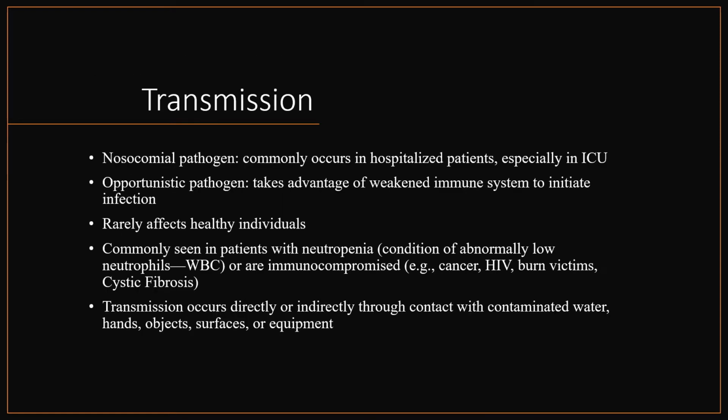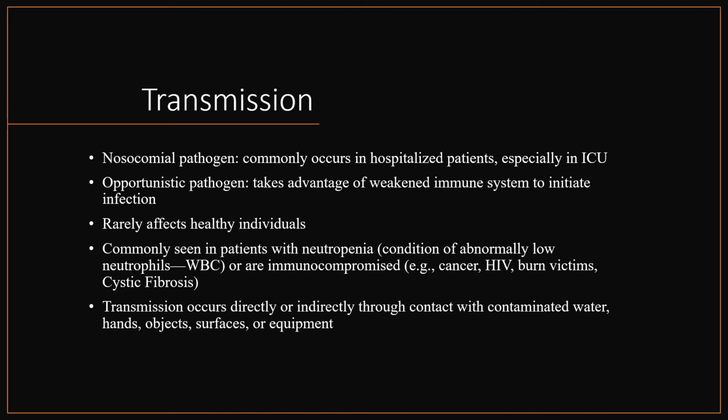So this bacteria is referred to as a nosocomial pathogen, meaning it primarily occurs in hospitals, especially in the intensive care units. It's also an opportunistic pathogen because it takes advantage of individuals with weakened immune systems in order to initiate the infection. However, it rarely affects healthy individuals.